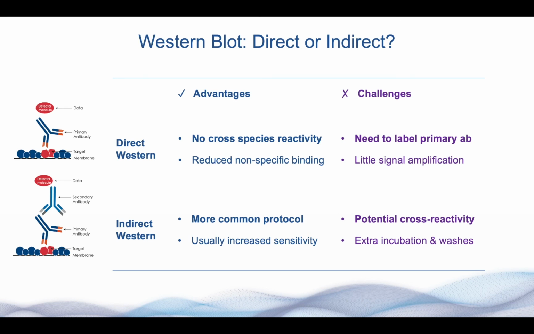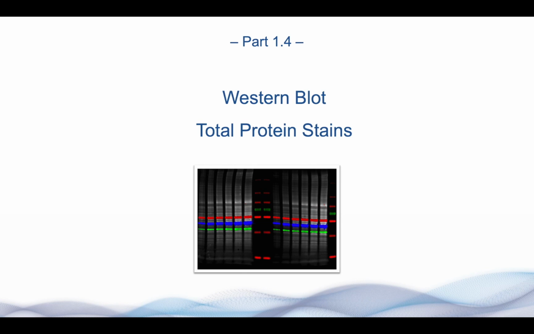If there is, then direct Western is a viable alternative that can help you overcome this cross-species reactivity. But in order to use that, you need to label your primary antibodies. So indirect Western is the common choice, but direct Western can help you in case indirect Western cannot be done on your sample of interest.